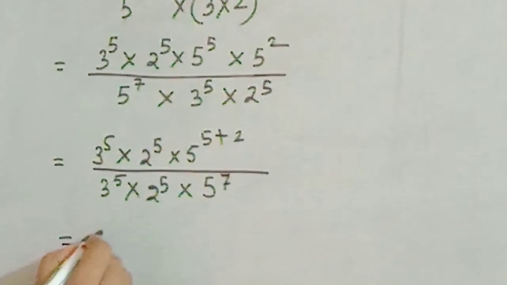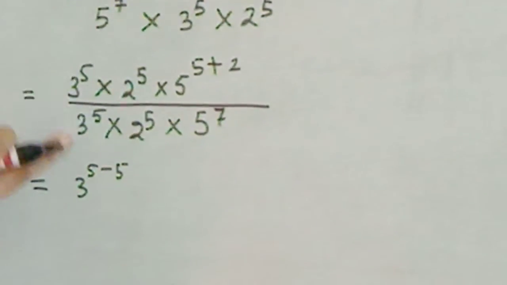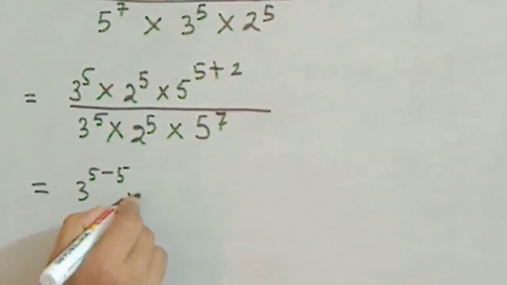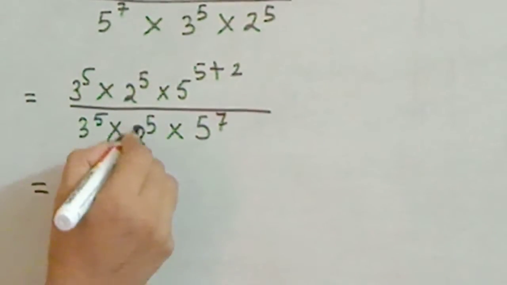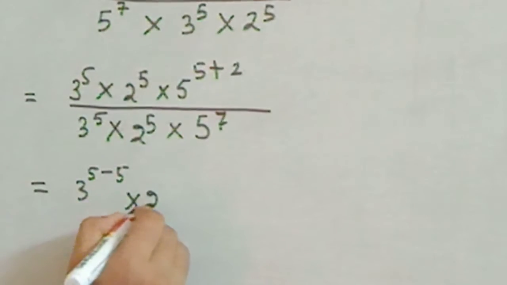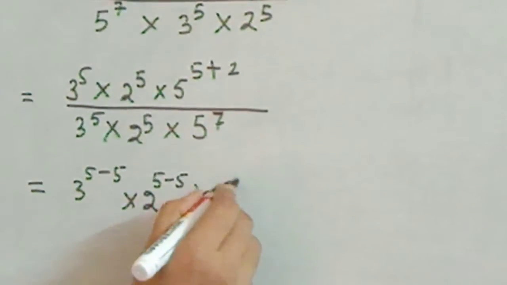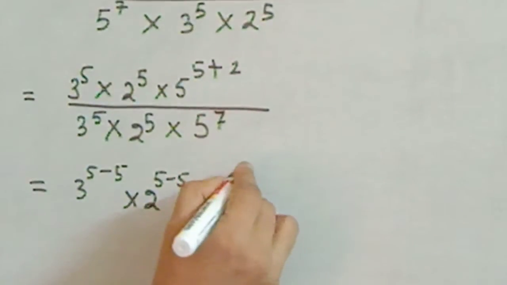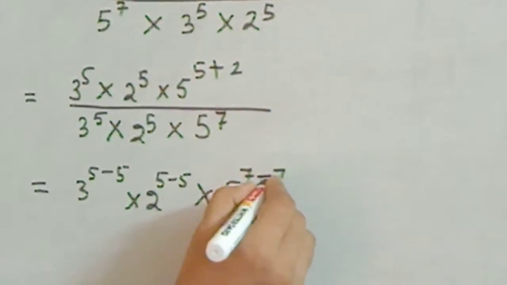Now what can I do? 3 to the power 5 minus 5, because they are in division, into 2 to the power 5 divided by 2 to the power 5, so 2 to the power 5 minus 5, into 5 to the power 5 plus 2, that is 7, divided by 5 to the power 7, so minus 7.